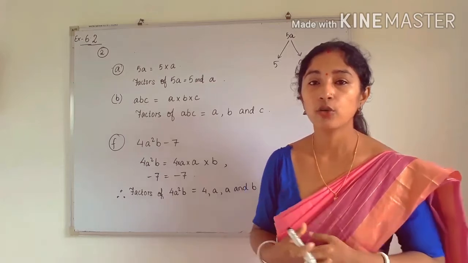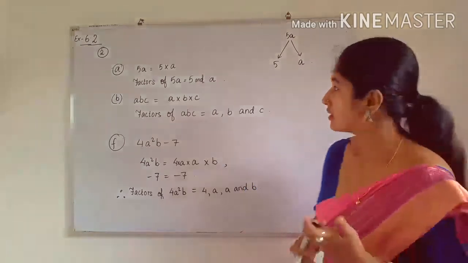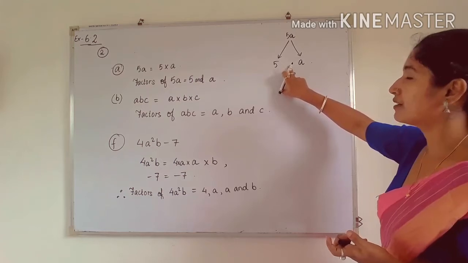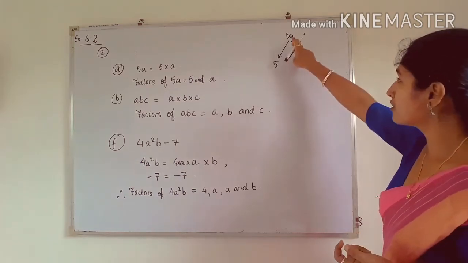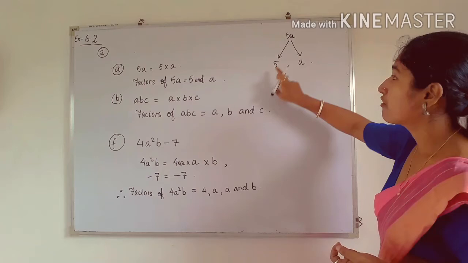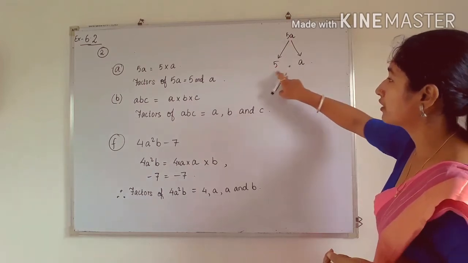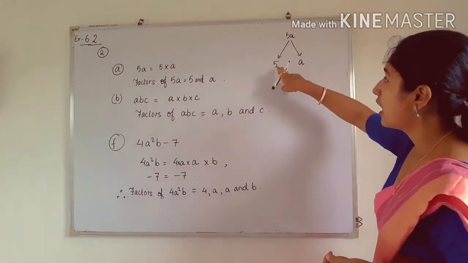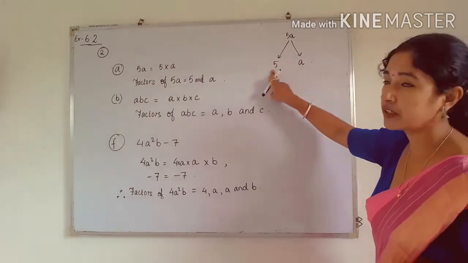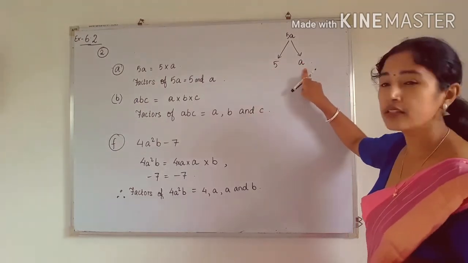That part only we are doing here, but you only have to write the factors. No need to write the multiply symbol. Just mark the arrows for how many factors 5A has. 5A has only two factors, so you write two arrows and one factor and the other factor. The first factor is 5 and the second factor is A.